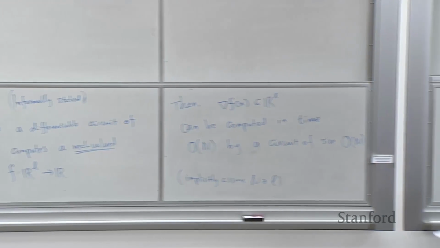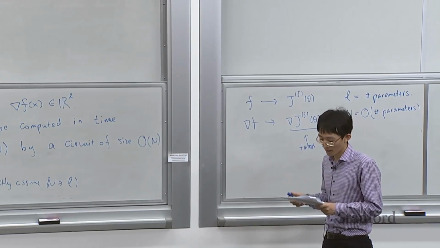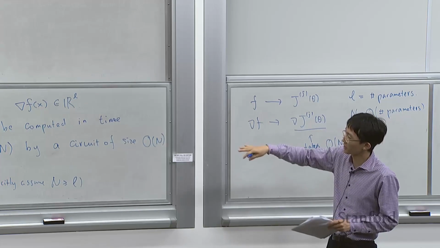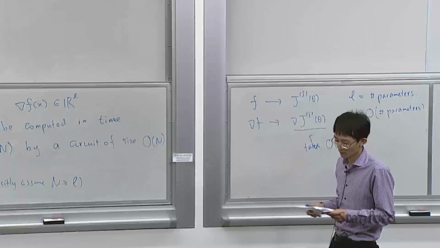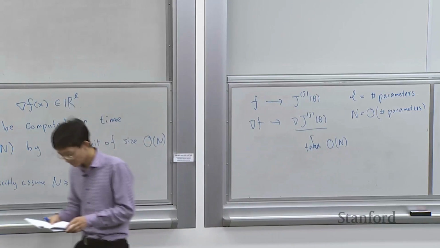So basically, I'm going to show the concrete example for neural networks: how do you compute a gradient? And when you see the concrete example for neural networks, you kind of see how you do it for general circuits, which I will probably discuss at the end if I have time.